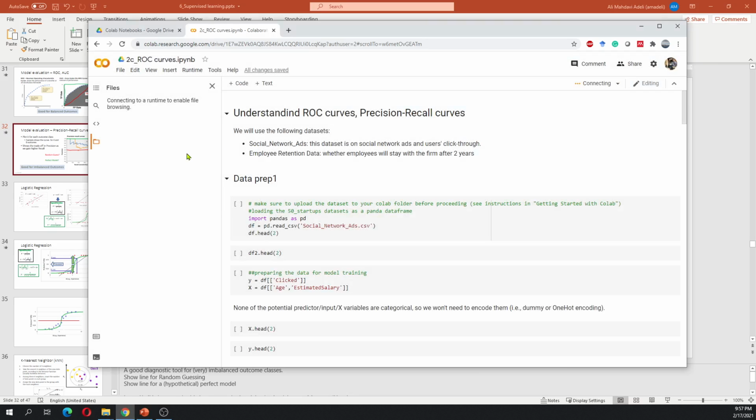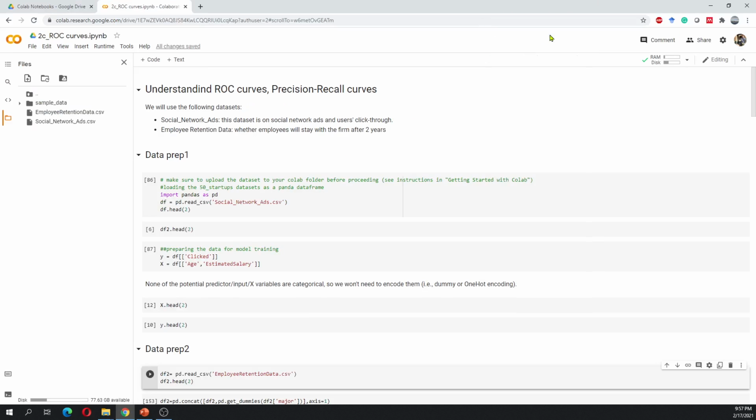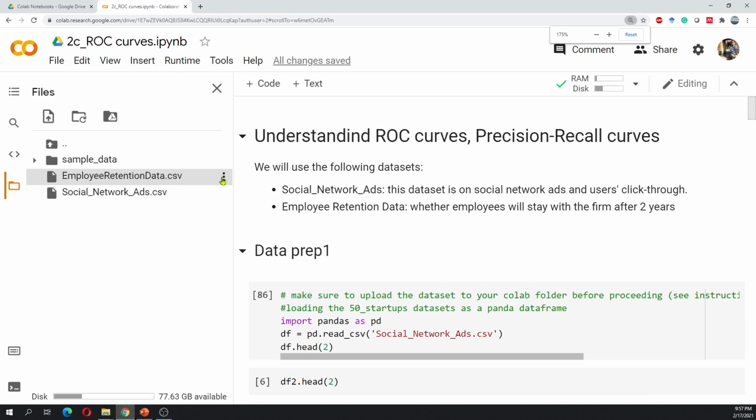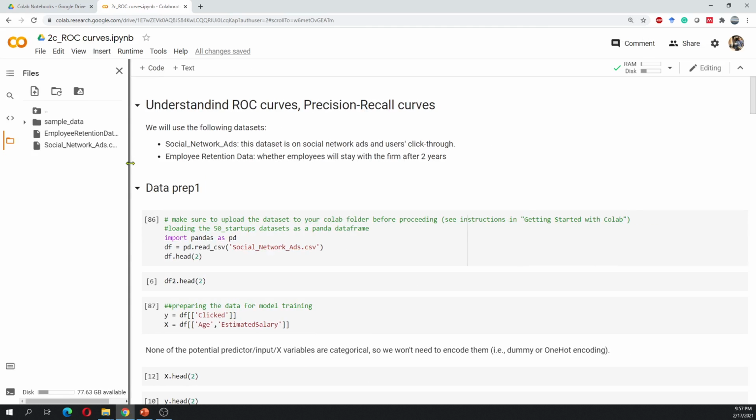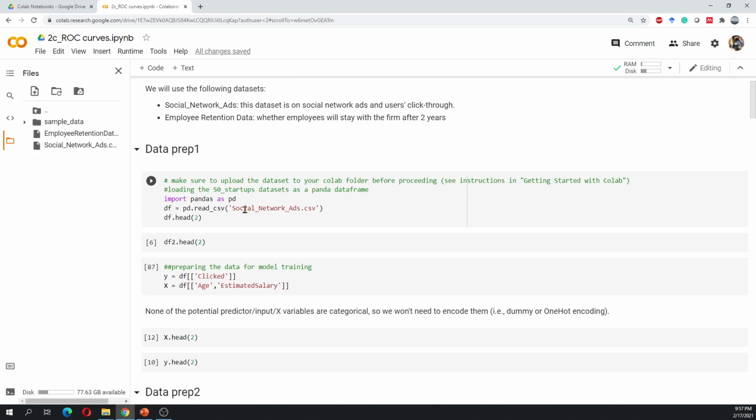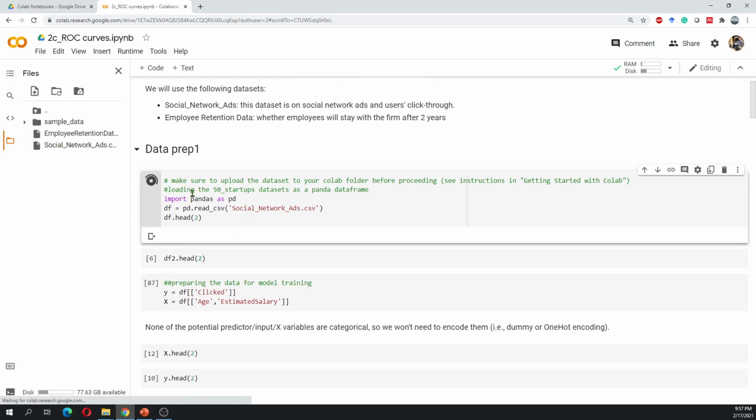Let me reconnect. So I'm going to zoom in a little bit and maximize this. Okay. I'm going to use the second example that was posted on eLearn, using a database of social network ads. I'm going to load that data set.